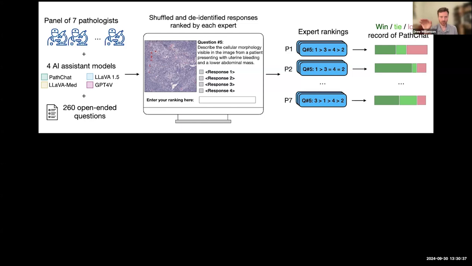So response 1 doesn't come from the same model every time. And myself and one of the pathologists graded them for correctness, which was mostly straightforward, but sometimes difficult. And then we had all 7 pathologists rank them, including ties, for their preference about which response was better.